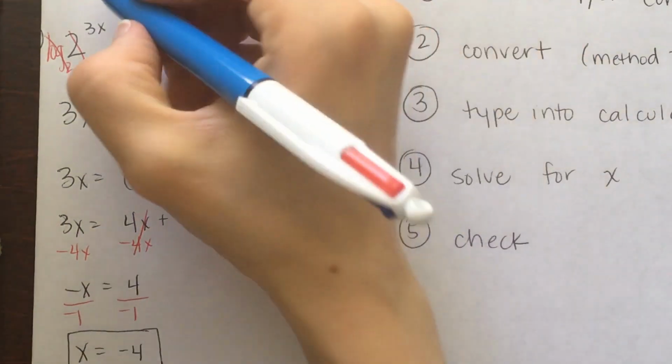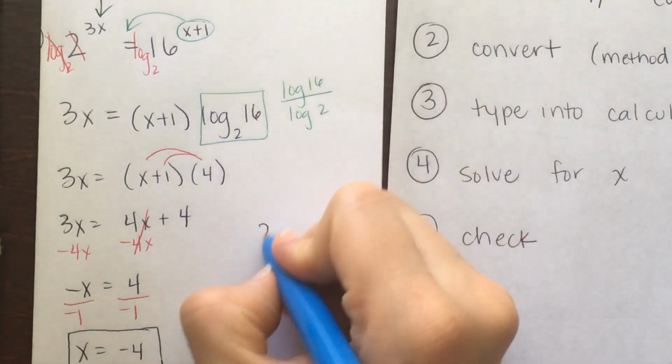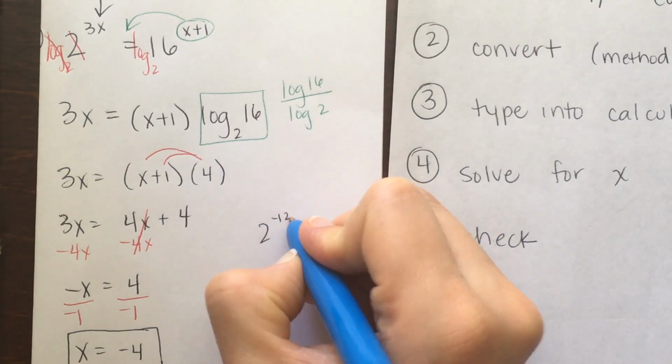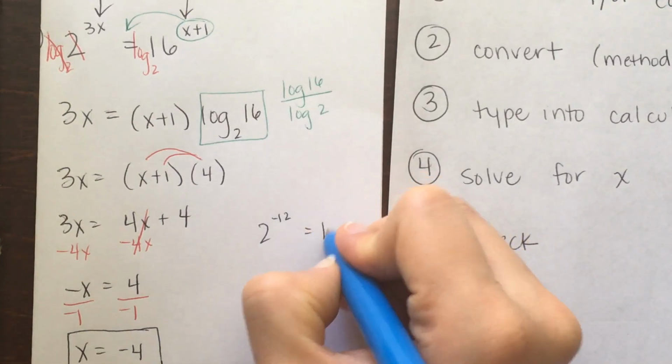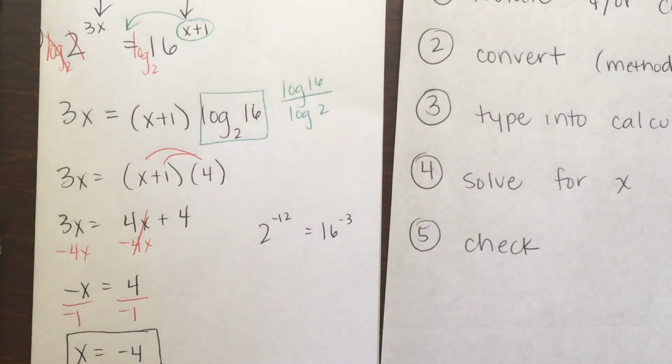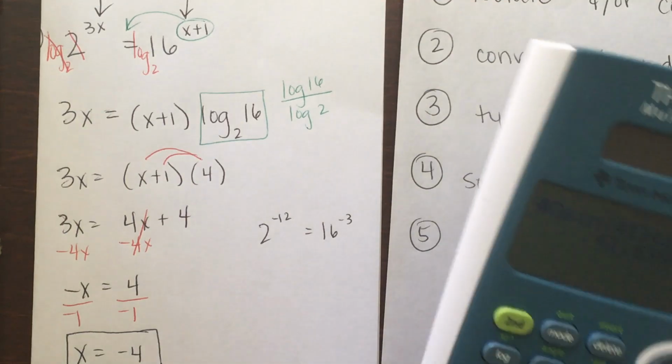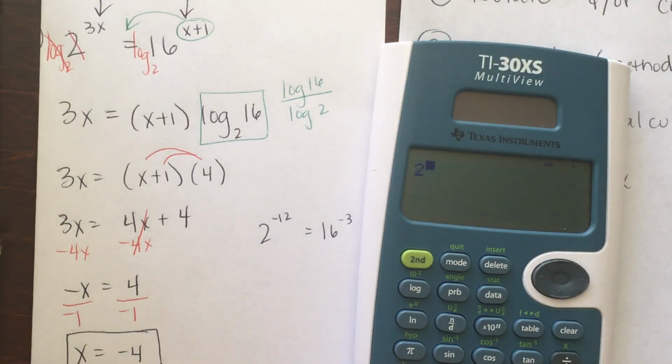You can check your answer. If you plug in a -4 here, you'll have 2 to the -12 power. If you plug in a -4 here, you'll have 16 to the -3rd power. When you type that into your calculator, they should equal the same decimal. 2 to the -12, 16 to the -3.